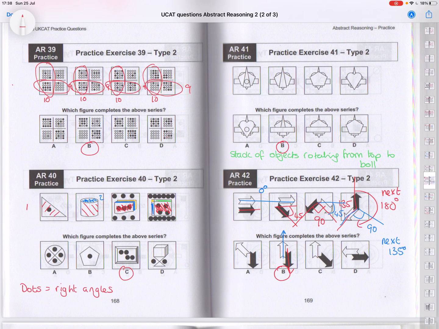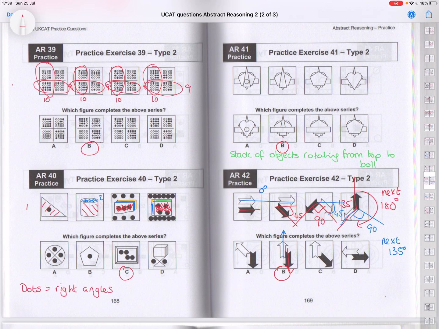So you've got to work out the order of the objects. Now, when the heart goes to the bottom, we've got the rectangle left that has been underneath up until this point. You can't see the circle because it's behind the rectangle before you get to the triangle. So it's B.